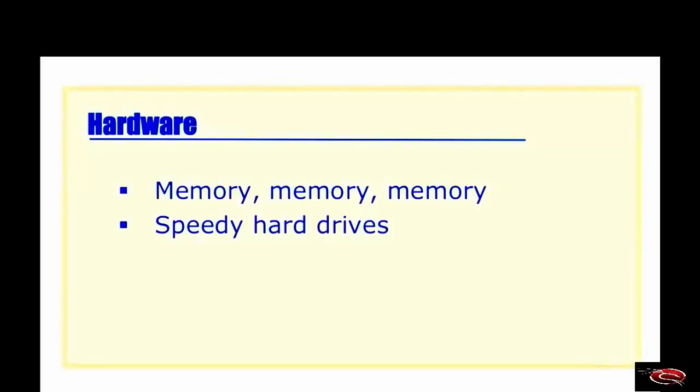So getting a regular hard drive, a platter-based, mechanical hard drive that has a pretty high RPM, so 7,200 RPM is a pretty good RPM rate. So faster hard drives are definitely helpful in keeping your machines responsive, particularly, as I said, when you're running multiple virtual machines at the same time as your primary operating system.